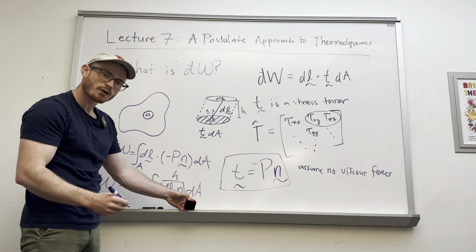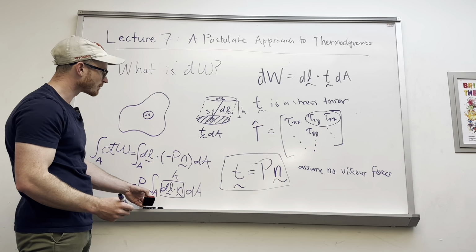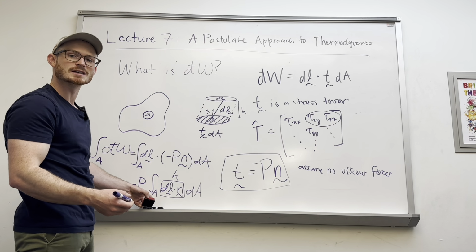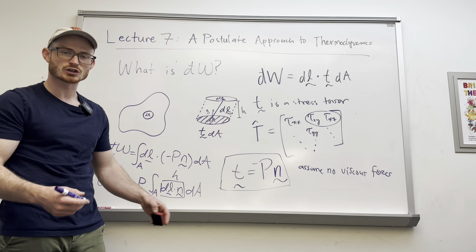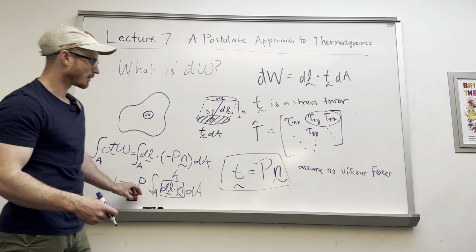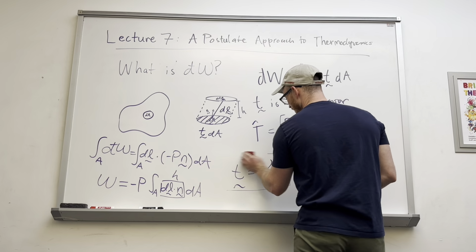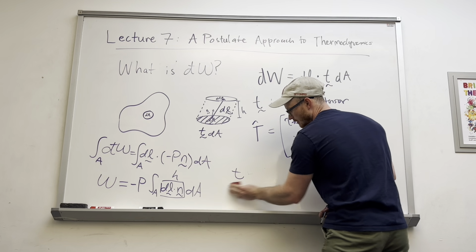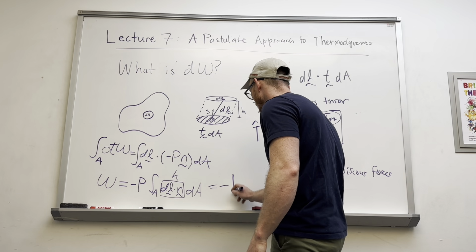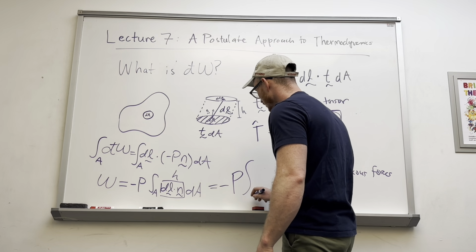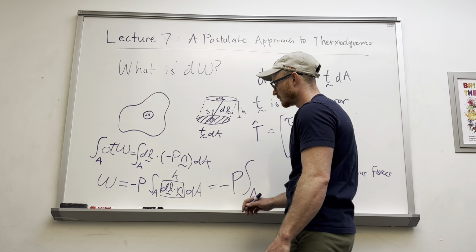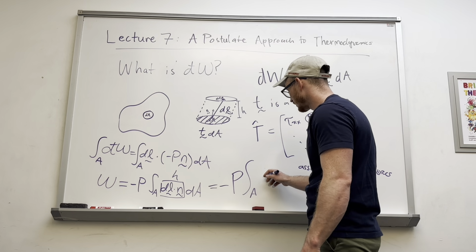So we have the volume of this cylinder integrated over the entire surface, and all this is the total volume. So we can write the work as equal to minus P, integral of dV.